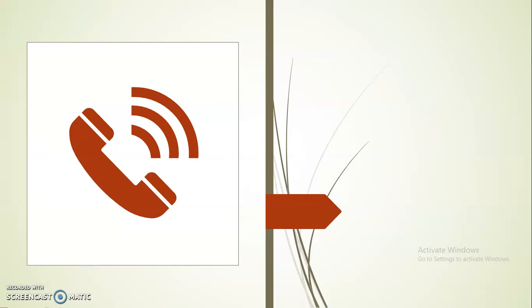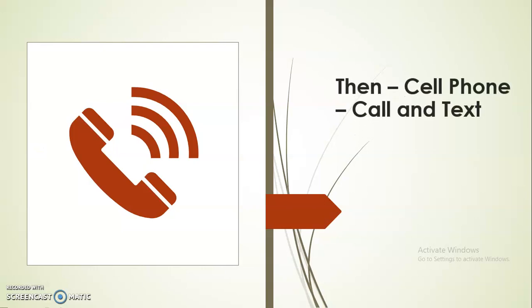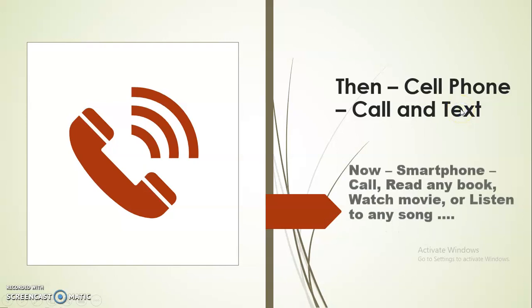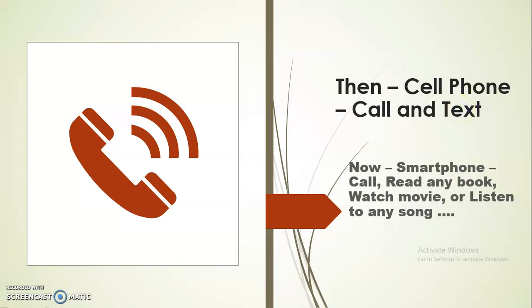And Internet is an amazing gift that gives lots of benefits which were not with us before. About 15 years back, we were using cell phones only to call and text. Now, it has been replaced by the smartphone, which has become one of our organs.